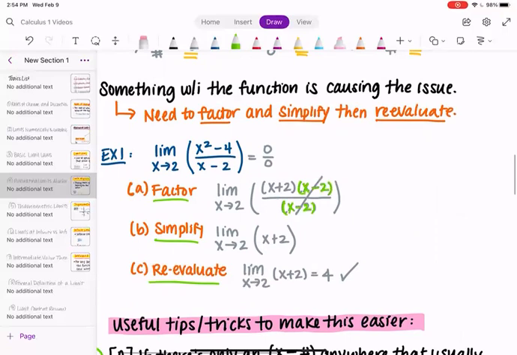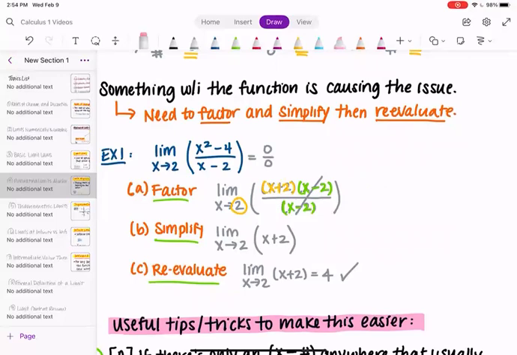Every time that's the case, that number will match the one you're taking the limit at, because that's the value that becomes 0. That's why you end up dividing by 0, and also why the numerator is 0: even though this x plus 2 is totally valid, you're multiplying it by this 0, which is causing the issue. That's what you want to get rid of.